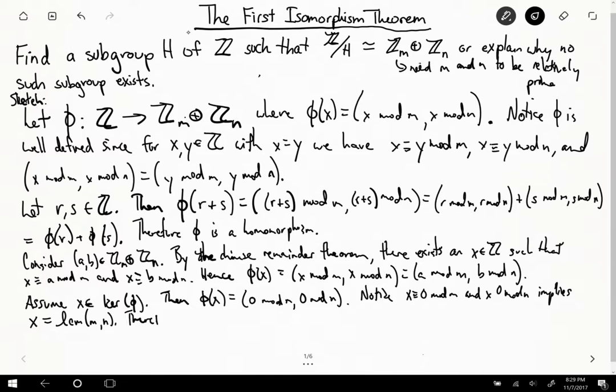Therefore, x is an element of the set generated by the least common multiple of m and n, which in this case, since they're relatively prime, is m times n.